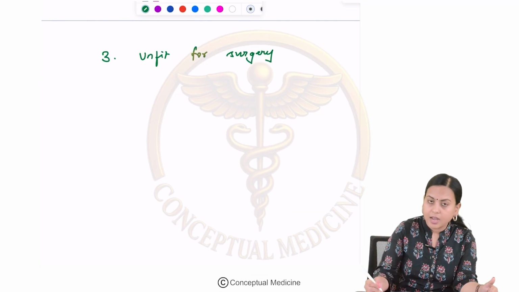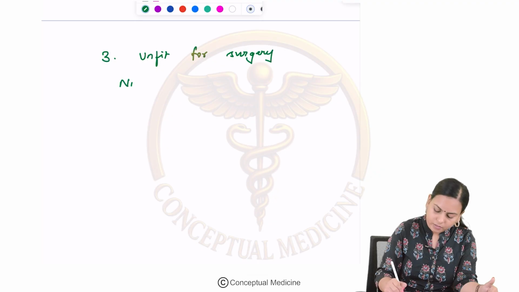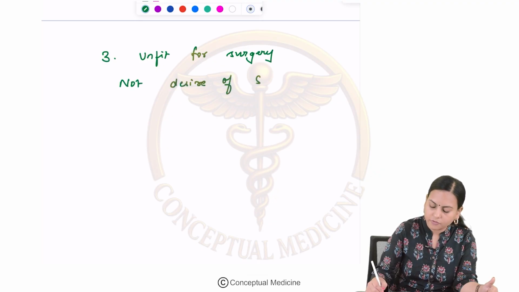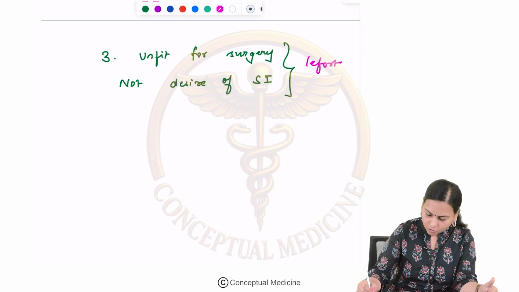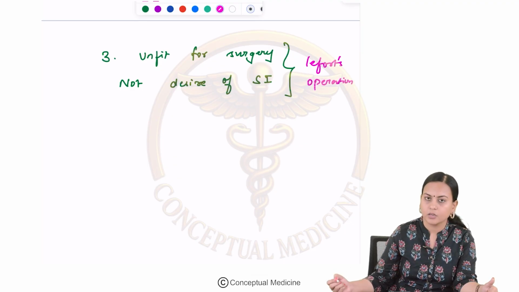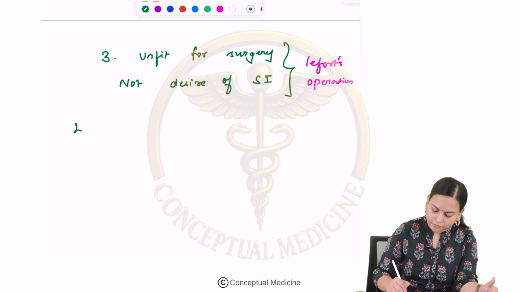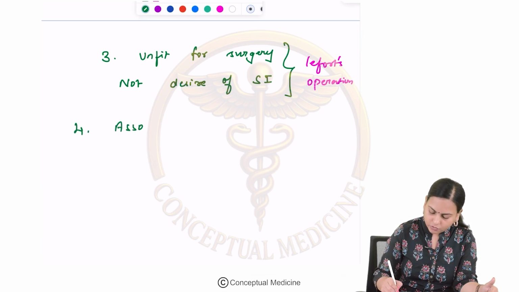And the third category includes females who are unfit for surgery, as well as they are not desirous of sexual intercourse. For them you can offer an operation called Lefort's operation. And the fourth category of elderly women will include those who have associated stress urinary incontinence.